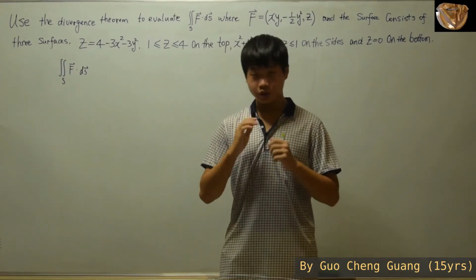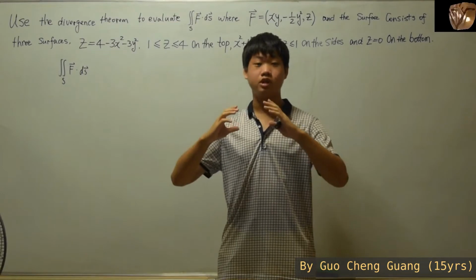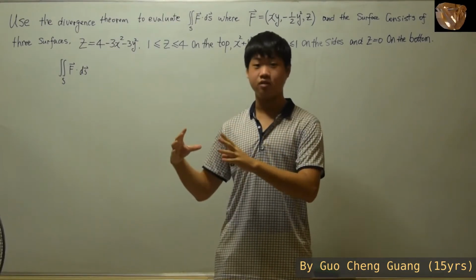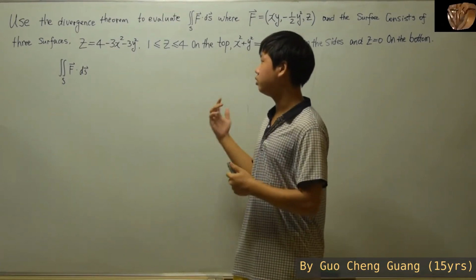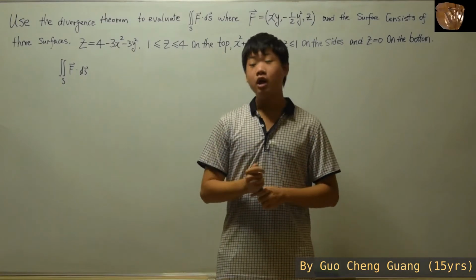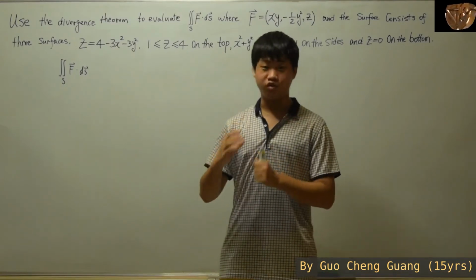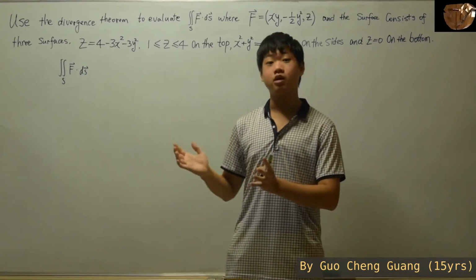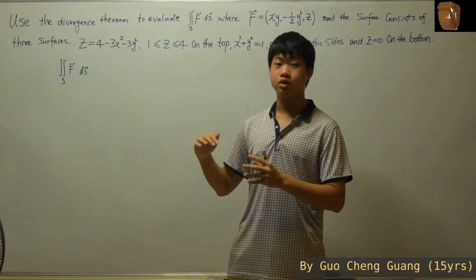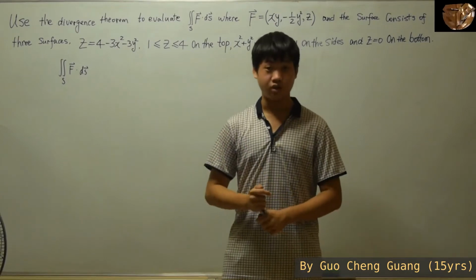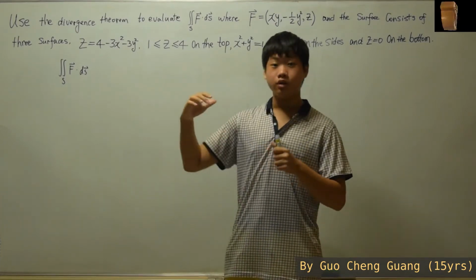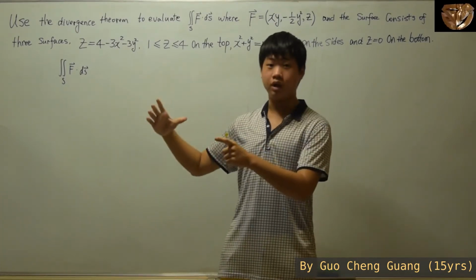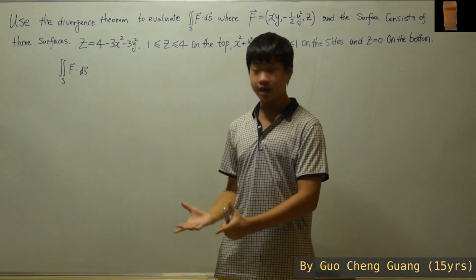You will have some kind of space V. Now this V would probably be defined in your question, right? This space V will be surrounded by some sort of surface called S, alright? Of course it has to be in positive orientation. So V is enclosed by the surface S.